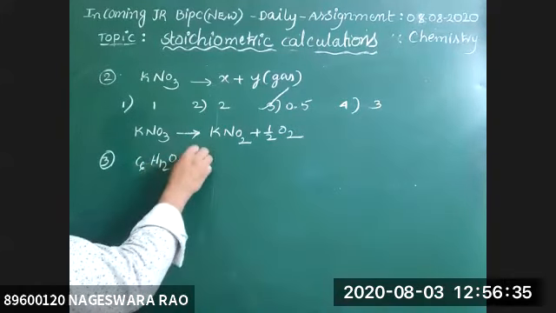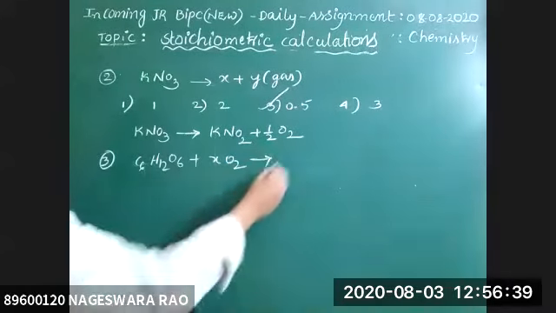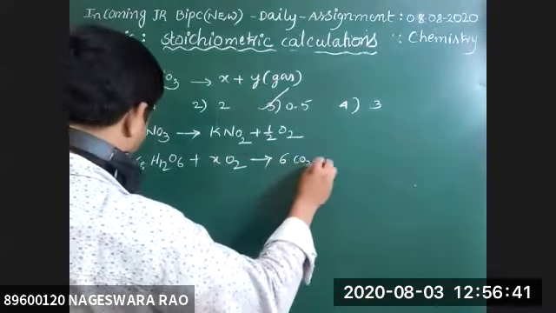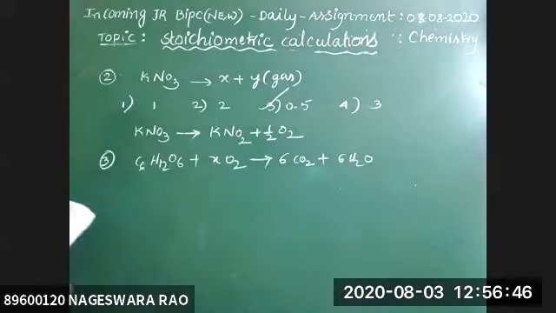C6H12O6 plus X O2 gives rise to 6CO2 plus 6H2O. So 180 grams of glucose react with X moles of oxygen in this reaction. What is the X?